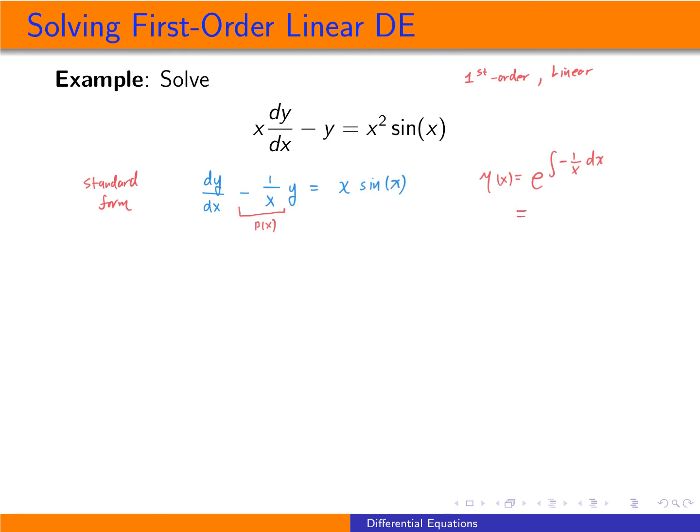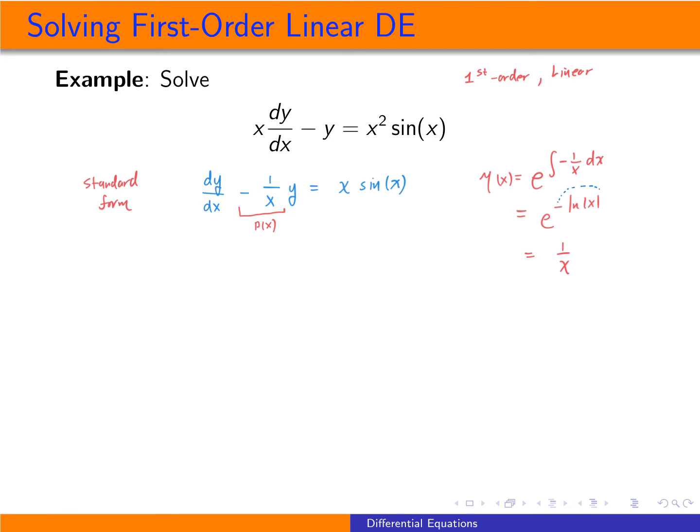So evaluating this integral, we would have e to the minus natural log of x. And the simplification that we've seen many times is we take this constant in front of the natural log and make it a power, and then the e and the natural log cancel each other, and we are left with just 1 over x.